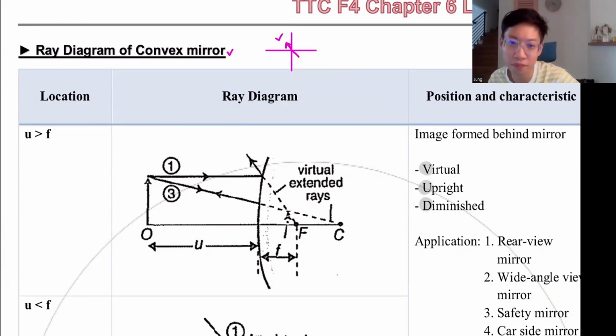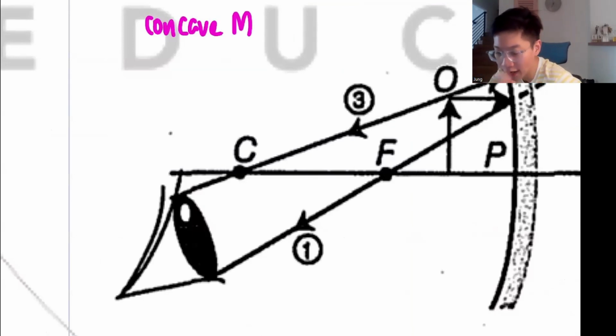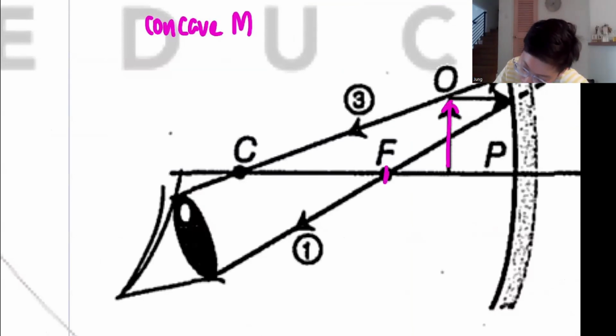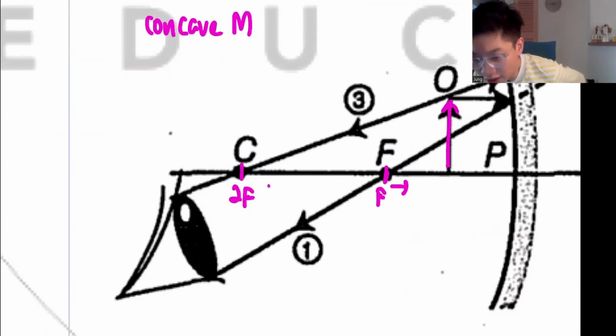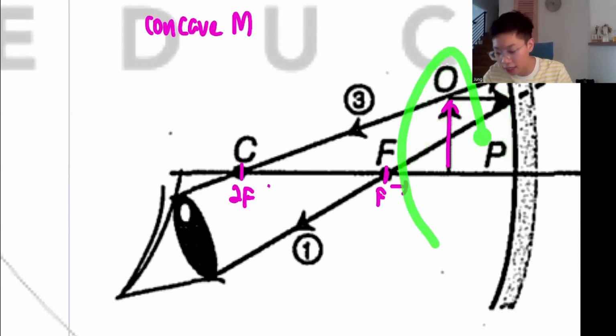Okay, now one more special one. Let me show you this. So this is a concave mirror. Now I don't tell you where to find. My object is in front of F, between the mirror and F. So for the concave mirror, what is the alphabet that is here? My object is here.